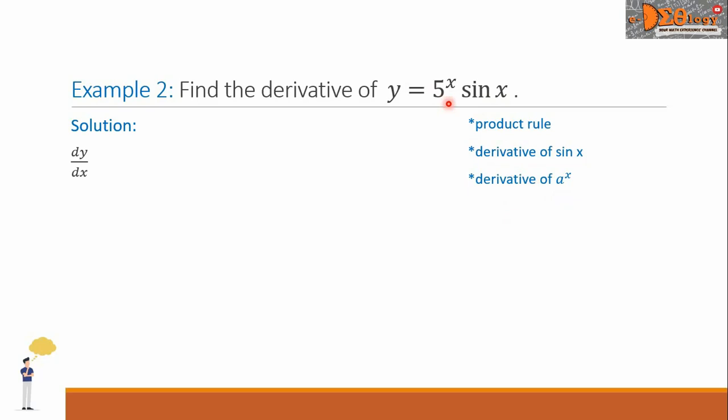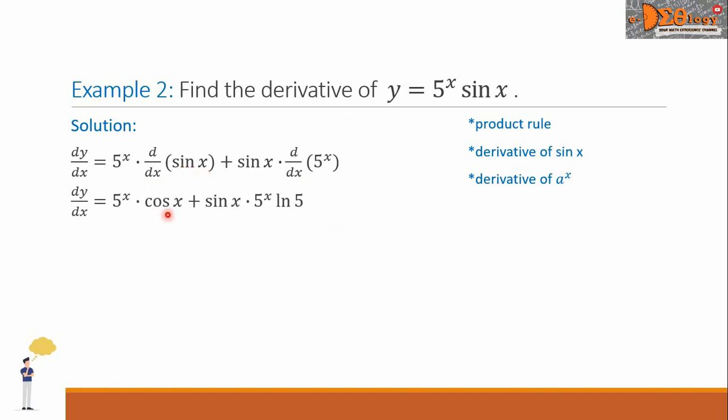So with regard to our product rule, let us now write the derivative. So we have 5 raised to x times d over dx of sine x, plus we copy that sine x times d over dx of 5 raised to x. Let us copy again this line and then let us simplify the respective derivative. So the derivative of sine x will be cosine x.